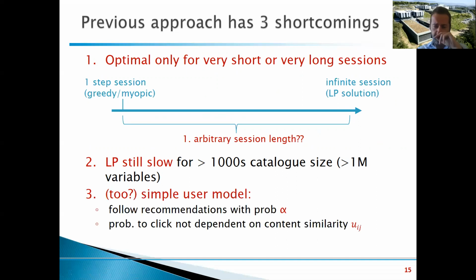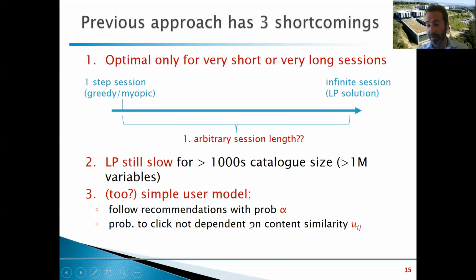And last but not least, the model that we have for the user, about how the user reacts to the recommendation, is pretty simplistic. In fact, we're assuming that the user closes her eyes and decides, okay, in this step, will I follow the recommendations or not? This happens independently with probability alpha.